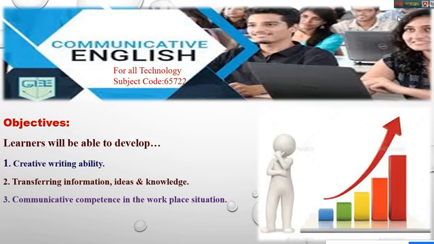Actually, completing this course, our students will be able to develop writing ability creatively. They will have a creative writing ability, and they will be able to transfer information, ideas, and knowledge, and ultimately, their communicative competence will be developed. They will be able to communicate in their workplace situation or in real life situations, right?